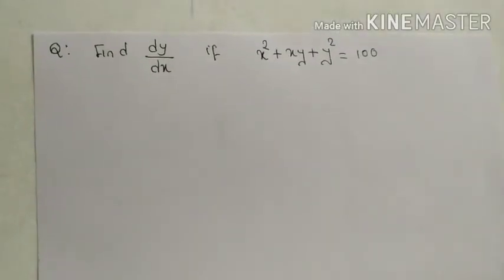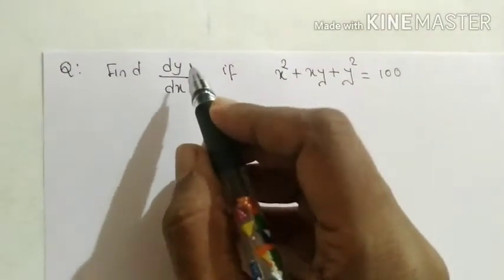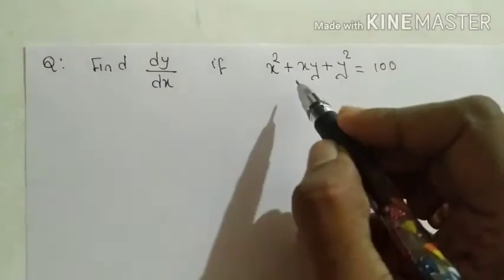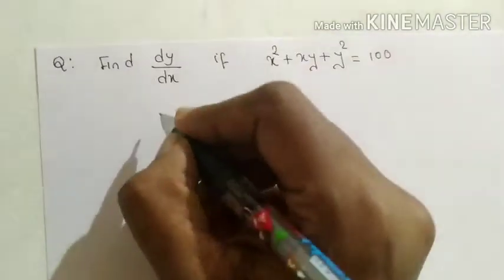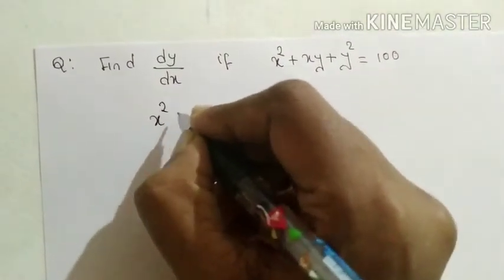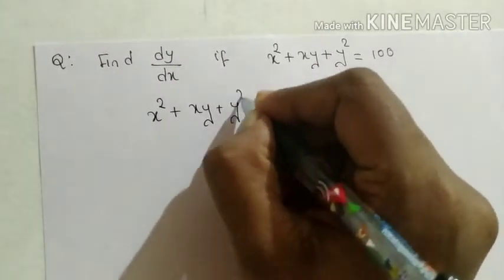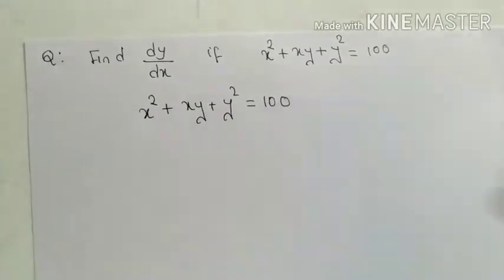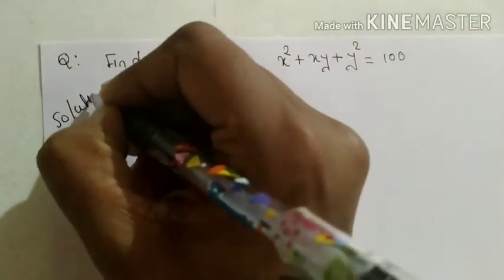In this question, we need to find dy by dx if x square plus xy plus y square equal to 100. So we write x square plus xy plus y square equal to 100 here.